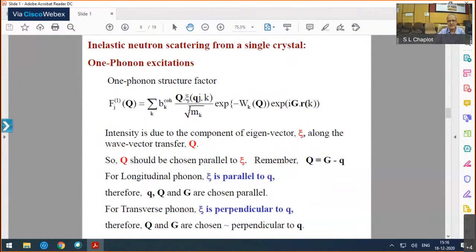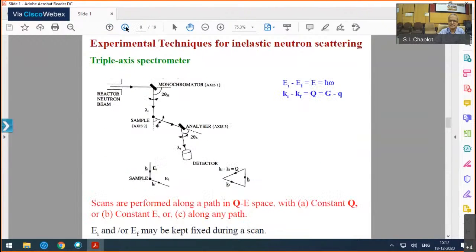However, clearly the components which are not in the plane of the spectrometer, essentially the plane of the crystal that we are measuring, will not be seen. So if you want to measure the dispersion curves in a different direction, the crystal may have to be reoriented.